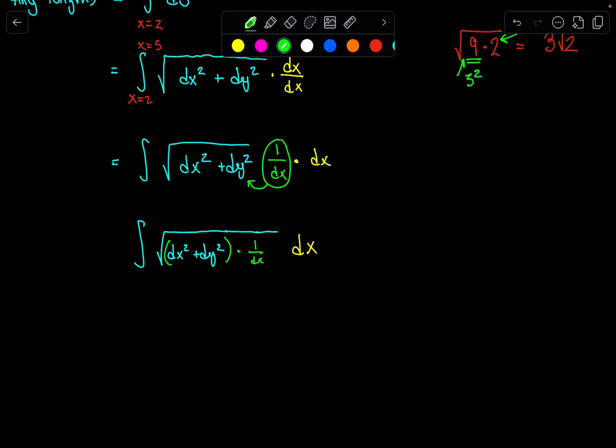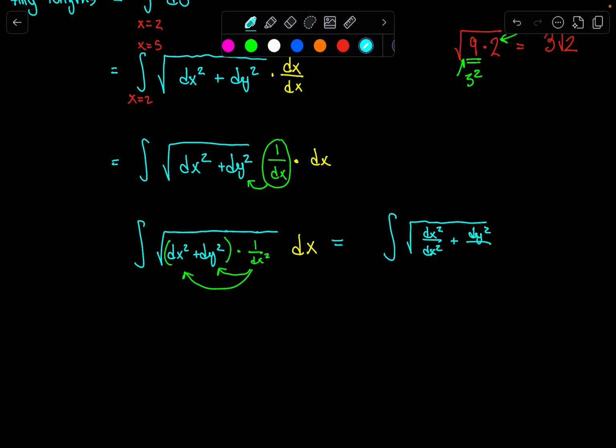And all I'm going to do is distribute this in, and this is what we're going to get. We're going to get the integral of the square root of dx squared over dx squared plus dy squared over dx squared, with a dx on the outside.